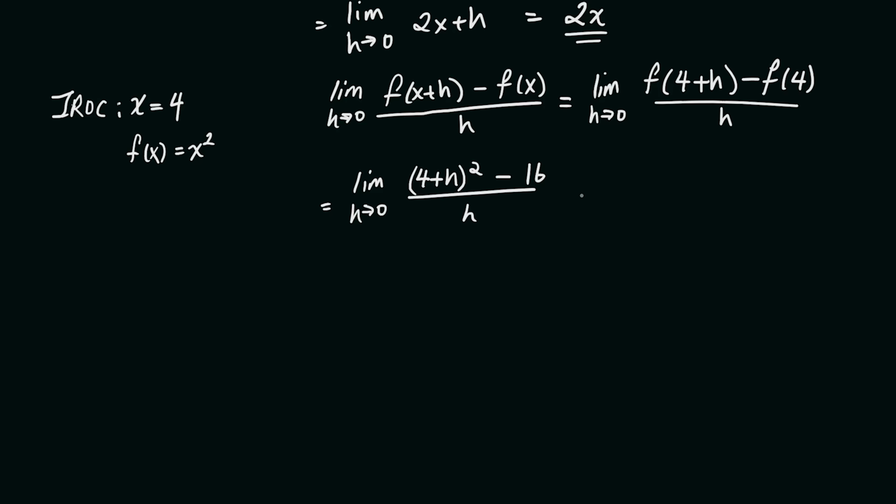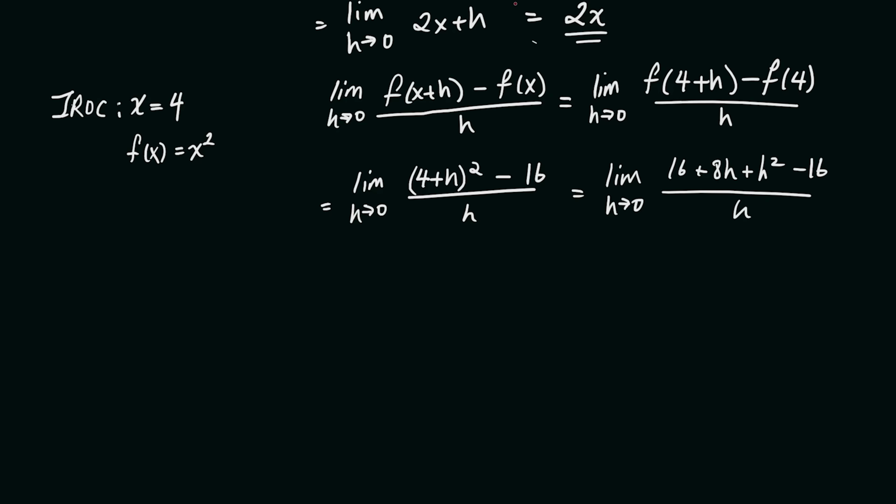Over h. And of course, that's going to lead us to the limit as h approaching 0 of 16 plus 8h plus h squared minus 16 over h.